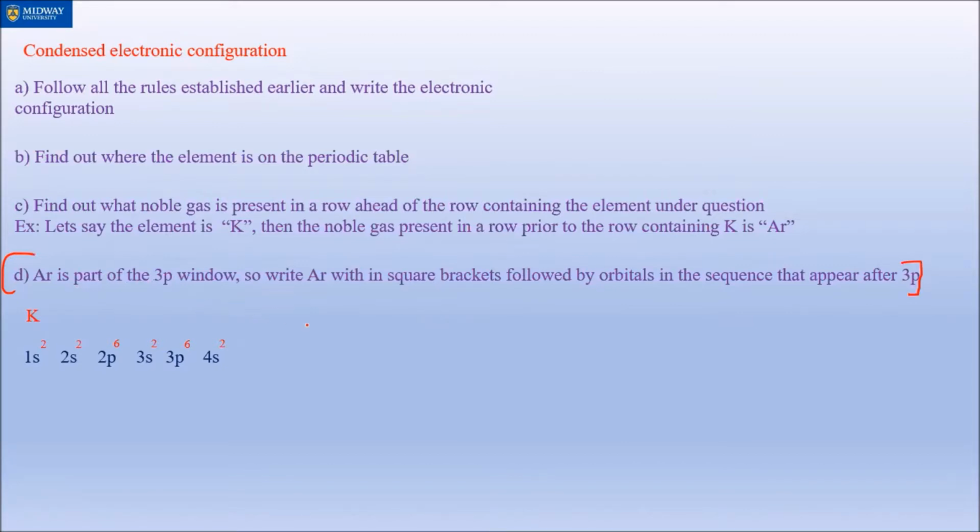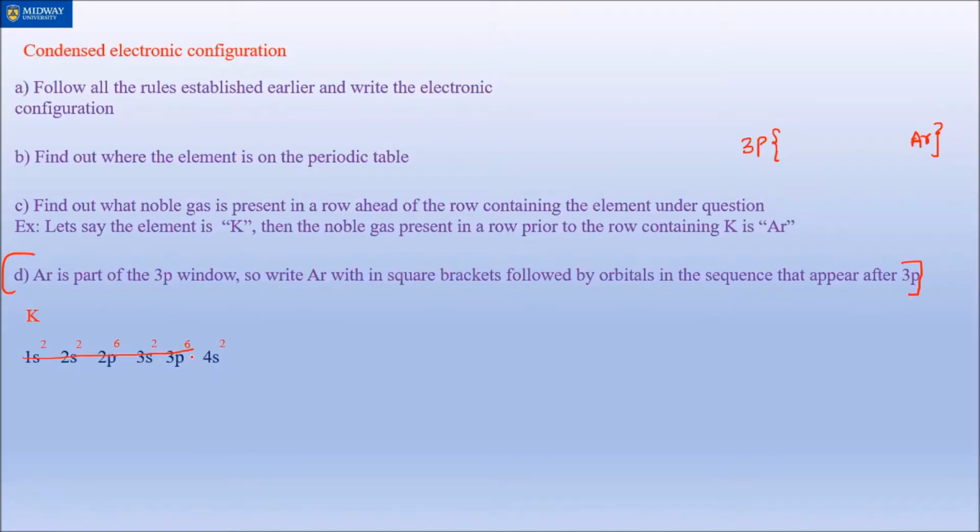So argon, if you go back to that flow chart, the map I gave you, argon is part of the 3p window. If you see, I put it this way, argon is at the very end, right? Now, that means you can strike off everything that is up to 3p. We don't need that. And that's what I mean by argon is part of the 3p window. So write Ar within square brackets followed by orbitals in the sequence that appear after 3p.